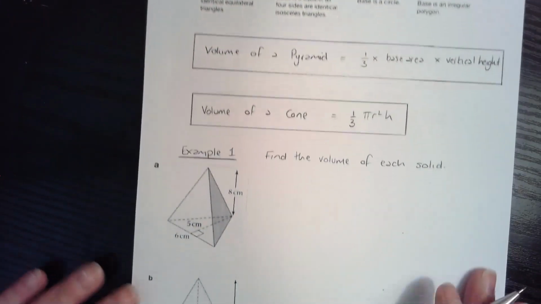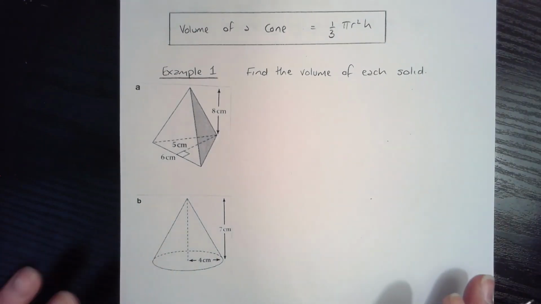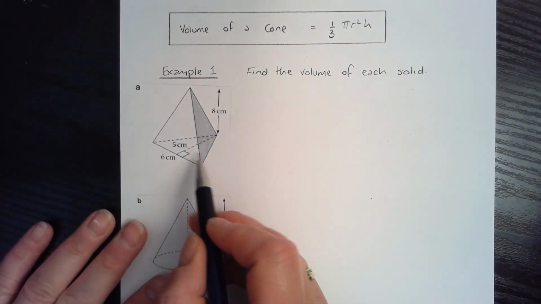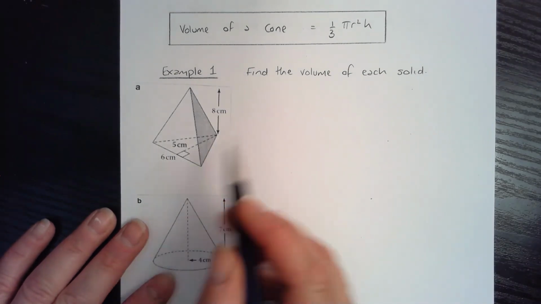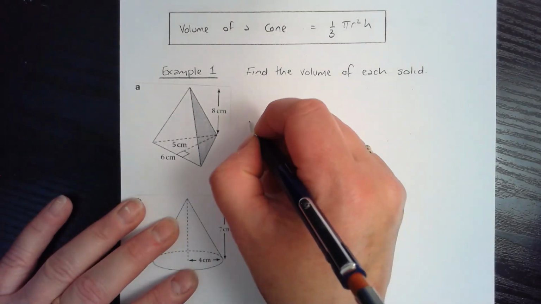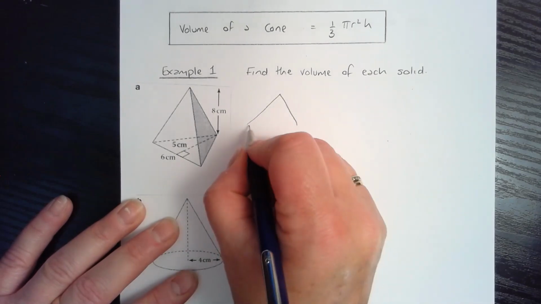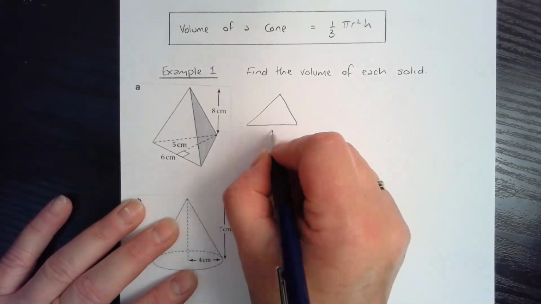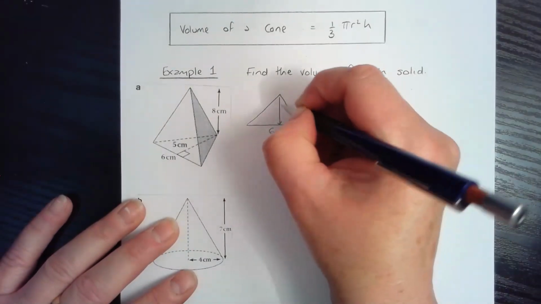So, let's look at some examples. Find the volume of each solid. We can see here we've got a pyramid with a triangular base, and it is 8 centimeters tall. So first of all, if I look at the triangle on the base and work out the base area, I know that that bit is 6 and that bit is 5.